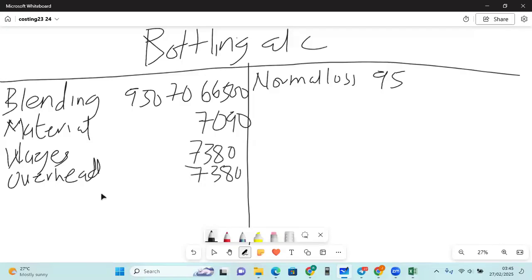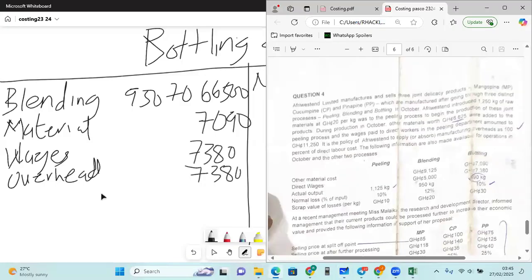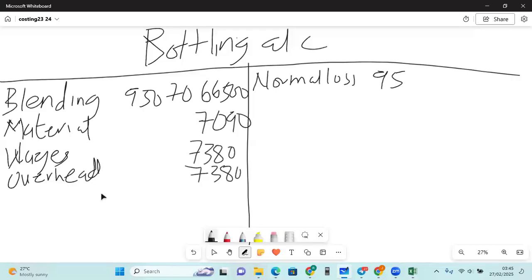And then it is being sold at 30, equal to 2850.